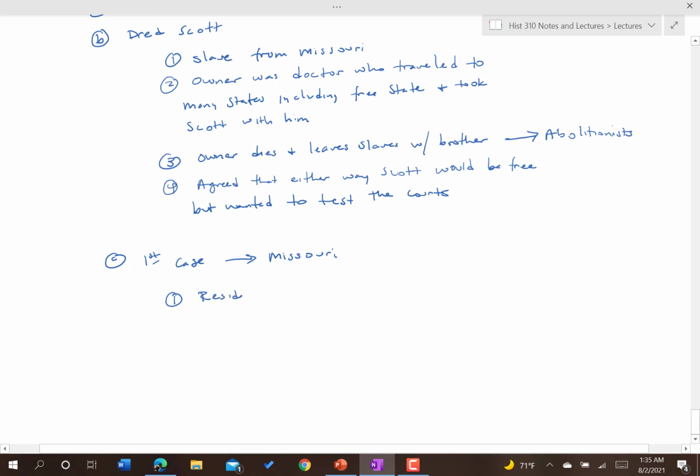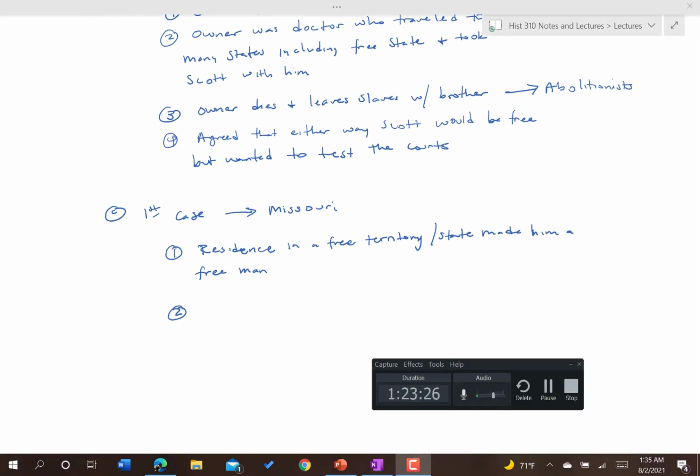The idea was that since he stayed there for a while when his owner went to these different states, residence in a free territory or state made him a free man. That was what they sued based on. And the court decided against him.